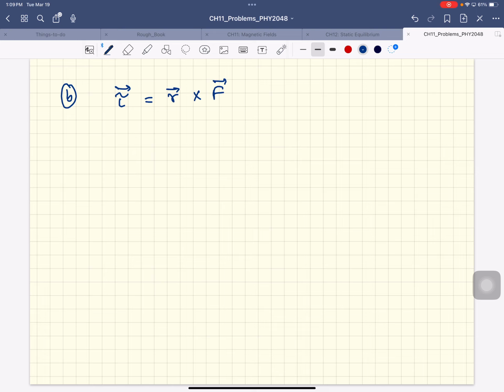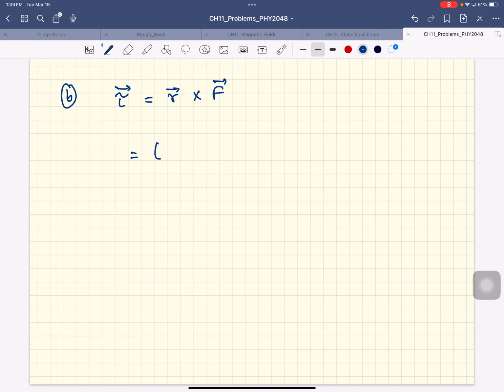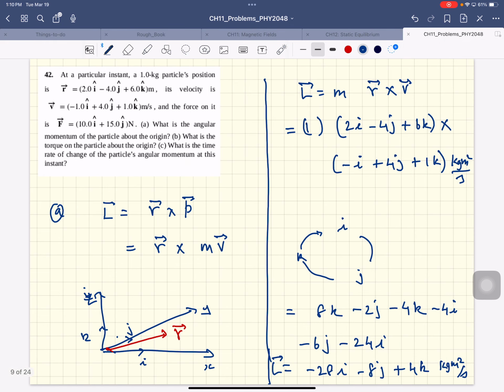Okay, so R is, again, the same vector. R is 2i minus 4j plus 6k, cross force is 10i plus 15j.